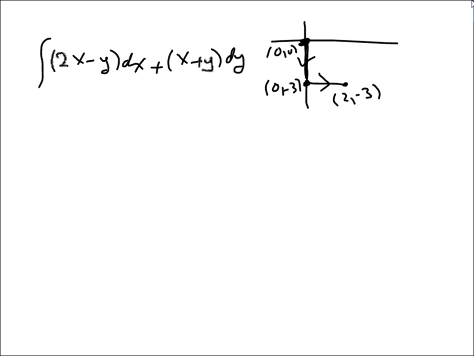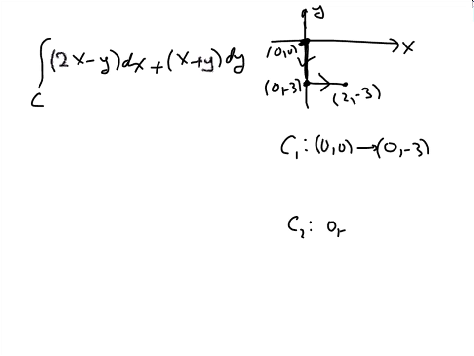And that's the direction we're going. So we have two paths. C1 is you go from (0, 0) to (0, negative 3). And for the second path, C2, you go from (0, negative 3) to (2, negative 3).